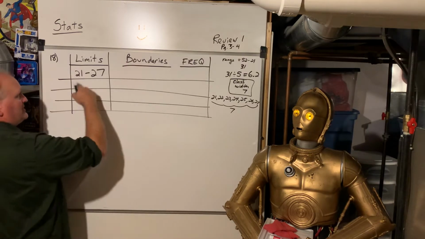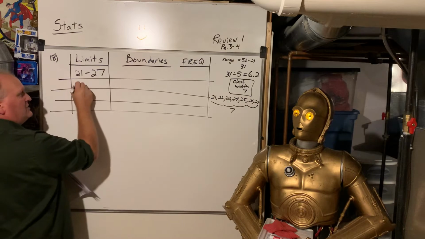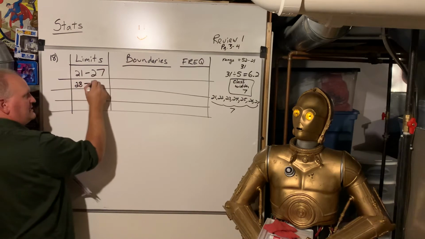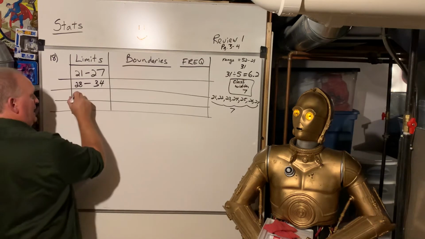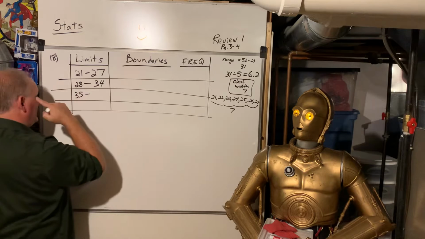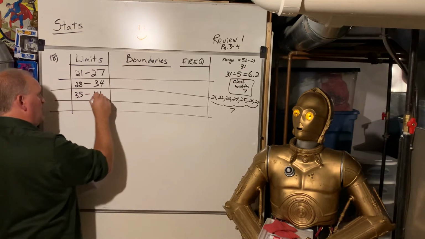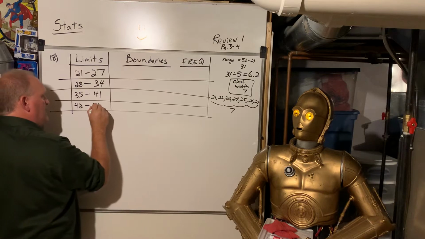Now, with limits, there can't be repeats, so I'm not going to start 27 down here. I'm going to start with 28. Then add 6 to that and get 34. And then I'm going to add 1 to that, make it 35. And then add 6 to that and get 41. 42, add 6 to that and get 48.